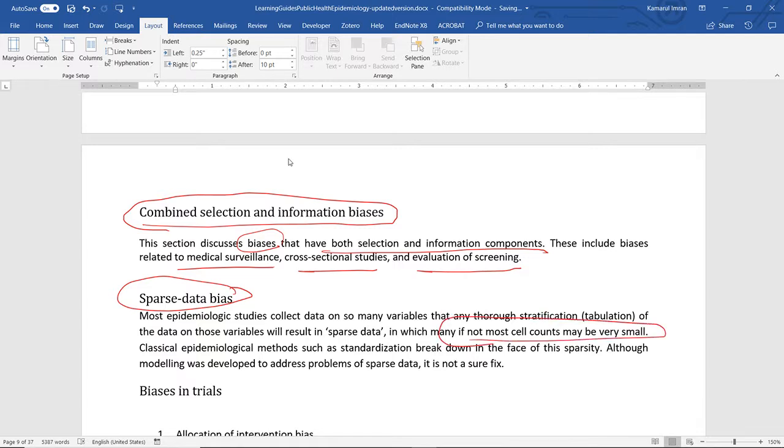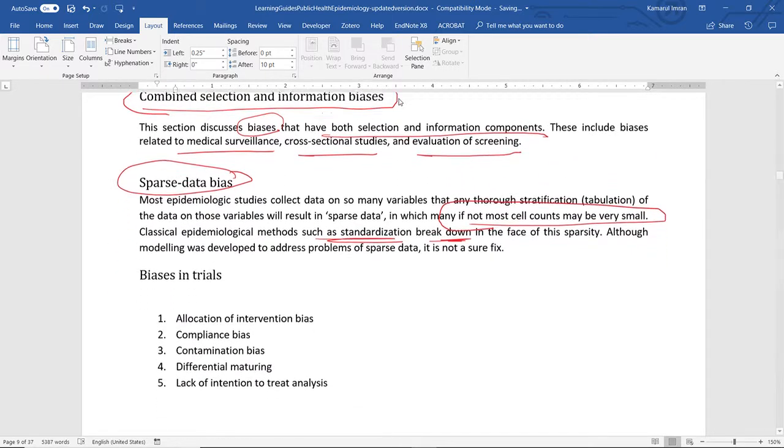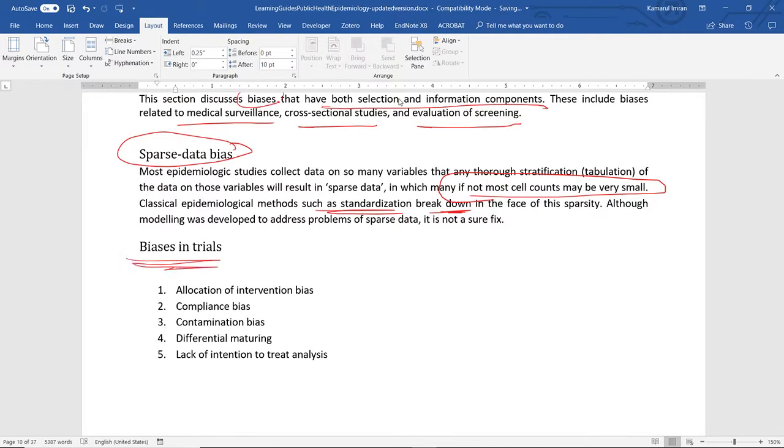For example, if you use standardization and you break the table into many small categories, that will produce sparse data bias. Biases in trials, for example, allocation of intervention bias, compliance bias, contamination bias, differential measurement, lack of intention-to-treat analysis. What else?